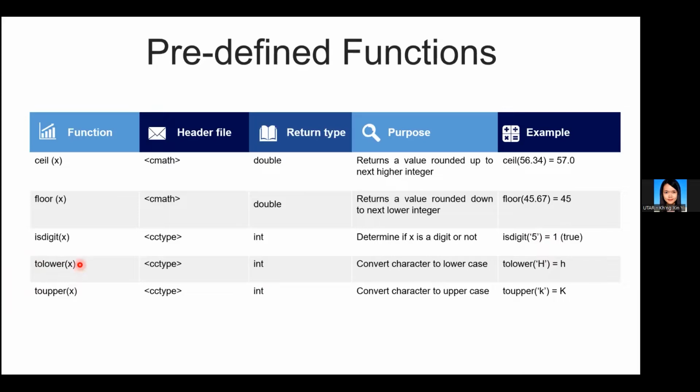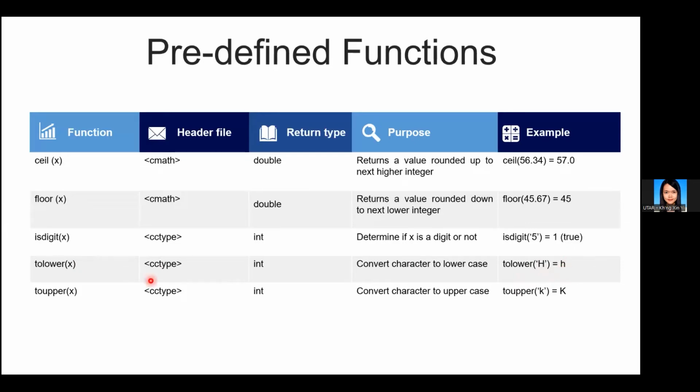Then after that, we have the tolower and toupper functions. The tolower function is used to convert characters into lowercase letters. For example, if I use the function here and put in the uppercase letter H, this function is going to help us convert it into a lowercase letter h. So that's why the answer is the lowercase letter h here.